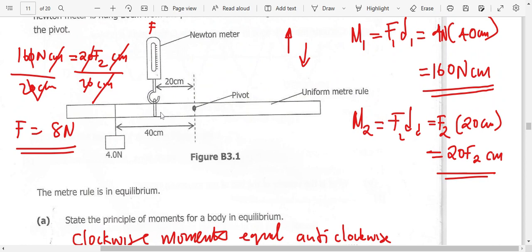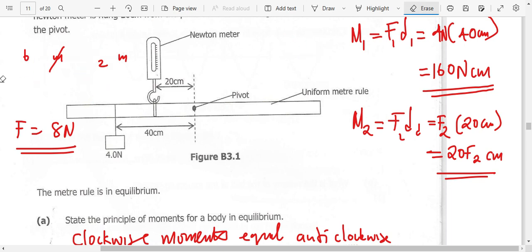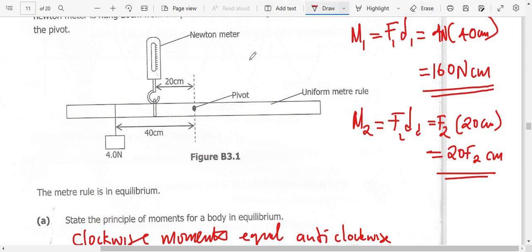So from what the question is asking us, let's say this one, which is at 40, was moved up to 30 here. Do you expect the reading on the Newton meter to be high or low? If I want to find moment 1, instead of using 40 here, I'm going to use 30.